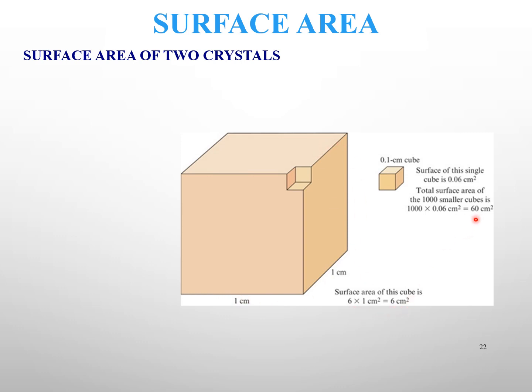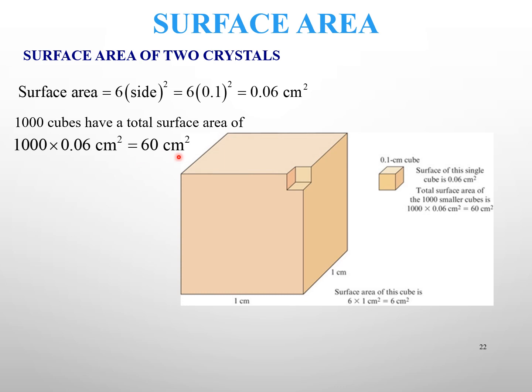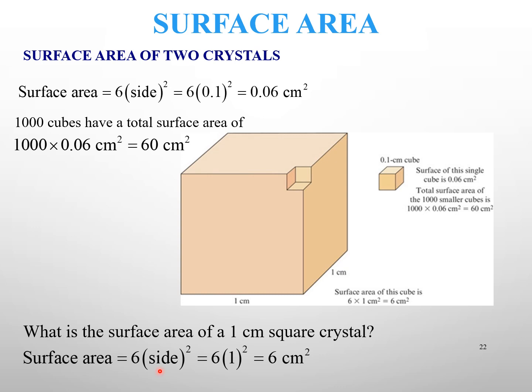So you see how it's 10 times bigger if you have smaller cubes. Again, each small cube has its surface area, and if you have 1,000 of them, the total is 60. Versus the big cube, it's only going to be 6 times 1 squared, so just 6 centimeters squared.